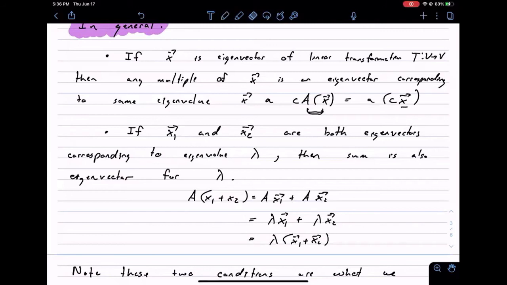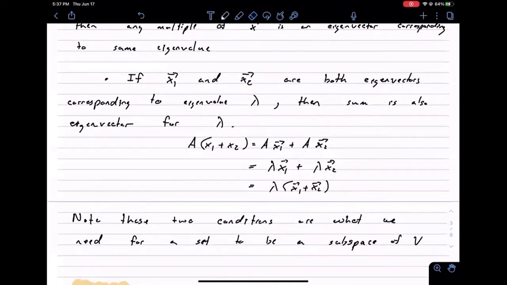In other words, I have a multiple of x, I multiply it by the matrix, and I just end up multiplying this thing by that same eigenvalue. In other words, these eigenvectors, if I'm talking about the eigenvectors for a particular eigenvalue, it's closed under scalar multiplication.